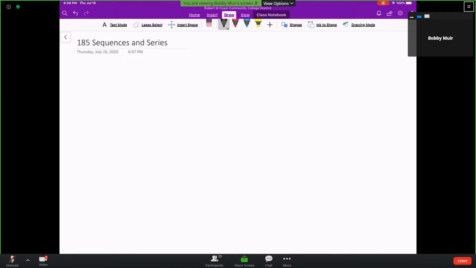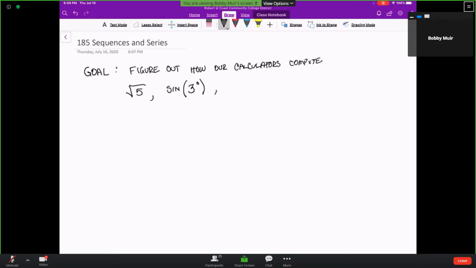So the ultimate goal here for us is we want to figure out in some way, shape, or form how our calculators compute like the square root of 5 or the sine of 3 degrees or the natural log of 3.02.